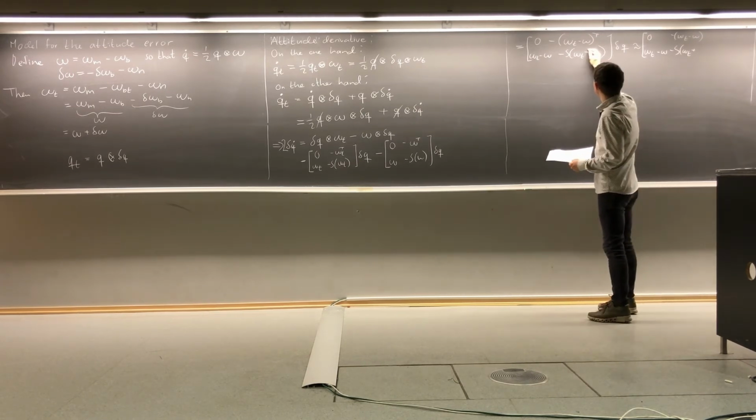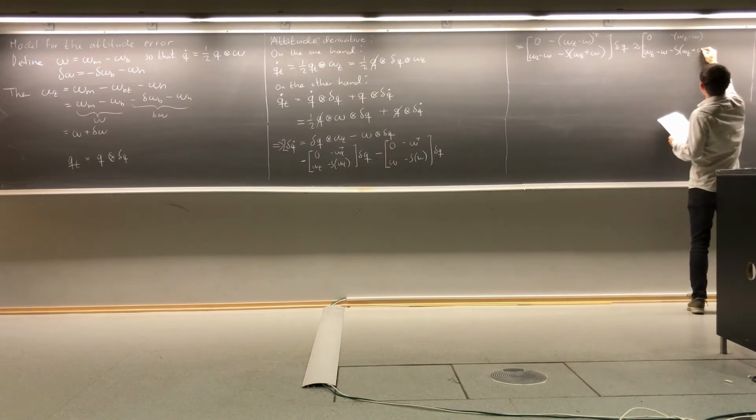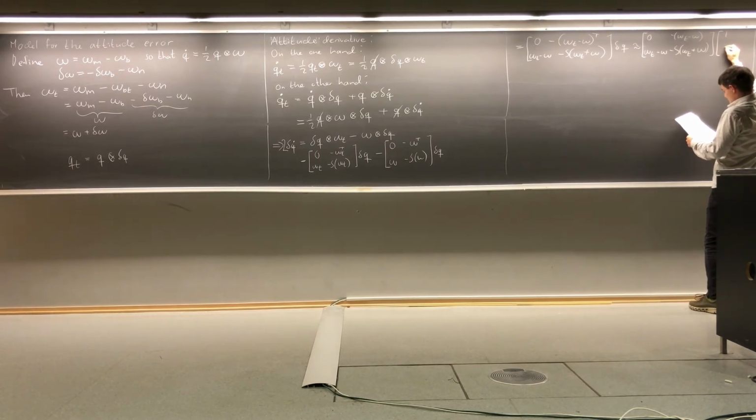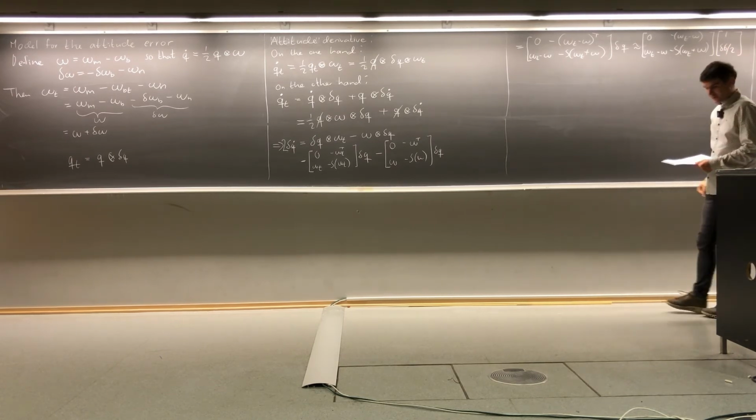Should have plus here. Yes, plus omega. And there the approximation comes. I switch delta Q with delta theta divided by 2.